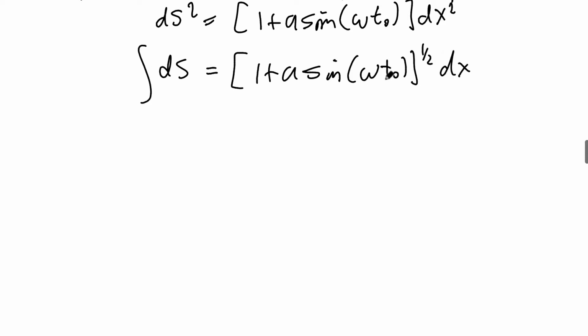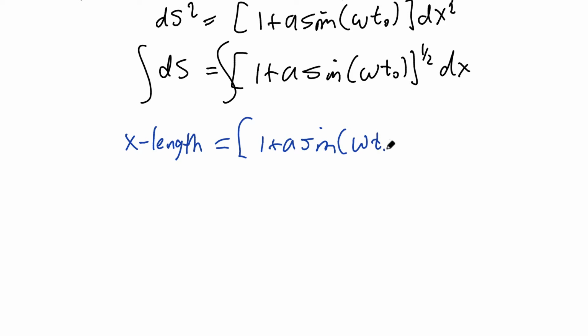And then integrating, we find the proper length of the X arm, let's call that the X length, equals 1 plus a sine of omega t0 to the 1/2 power times the integral of dx, which is L. And now let's remember that a is a small parameter, and we're carrying out all of our calculations to linear order in a.